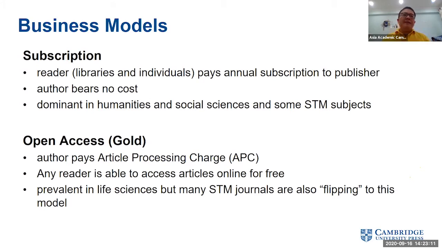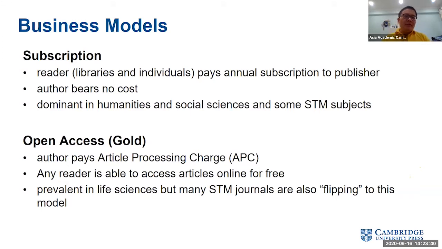For open access journals, the author will need to find the funding to pay a charge, called the article processing charge, in order to publish in the journal. Typically, most publishers only request the APC to be paid after the article has been accepted by the editor-in-chief, after many rounds of peer review.